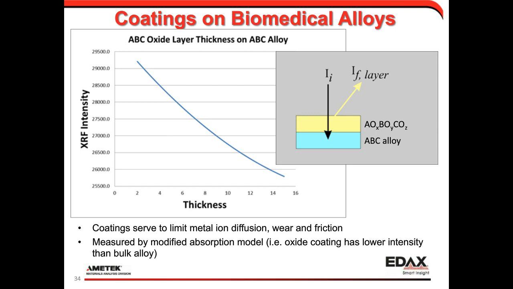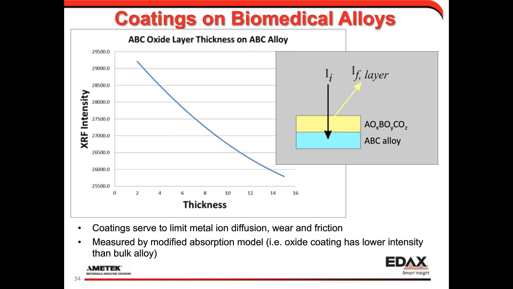However, in an oxide layer or a carbide layer, because the elemental density is lower than in the metal layer, the thicker the coating becomes, the lower the XRF intensity measured, because the elemental density is less. So we were looking at a particular example where we're measuring in the nominally 10, 20 micron range, and you can see that as the thickness increases, our XRF intensity drops.